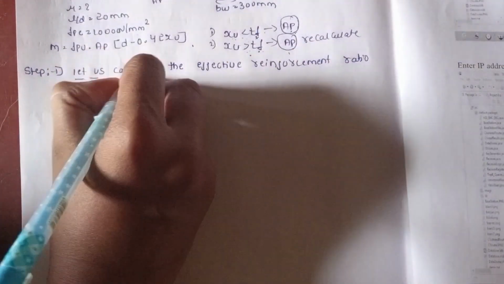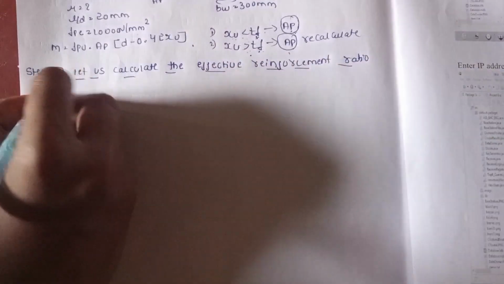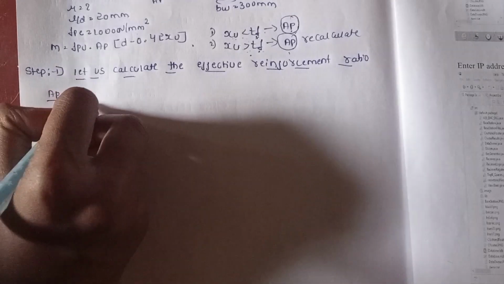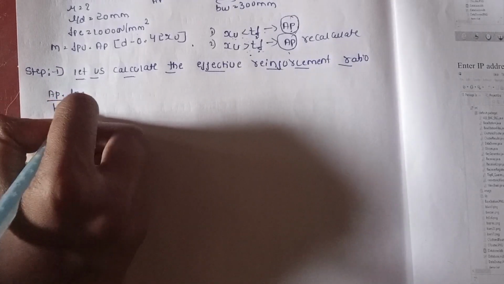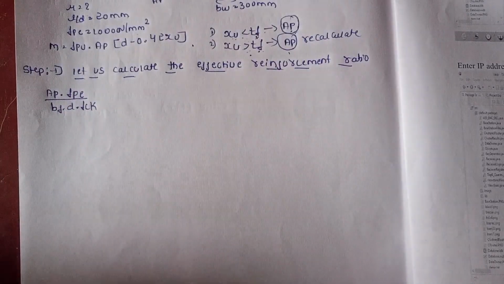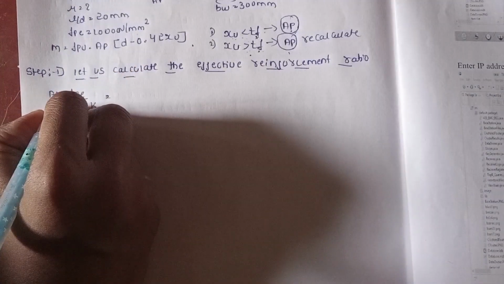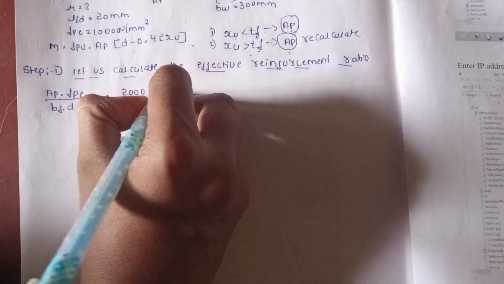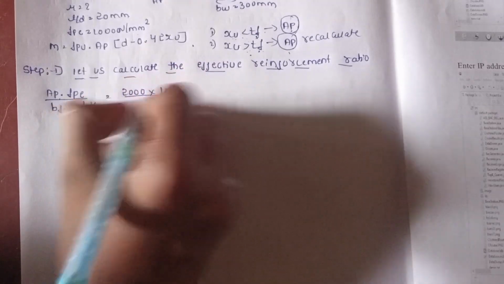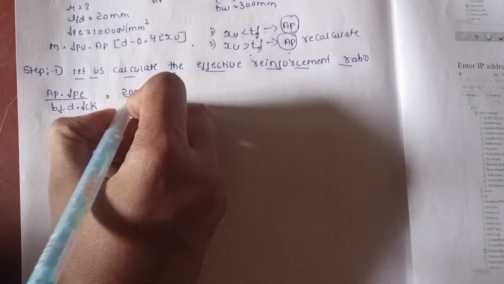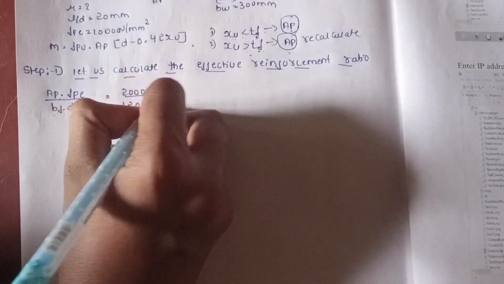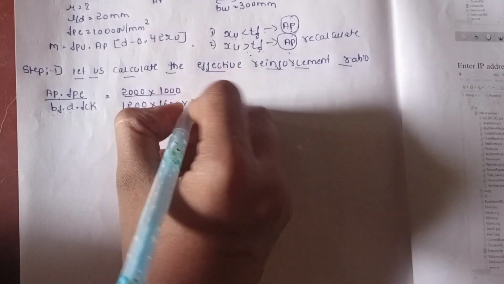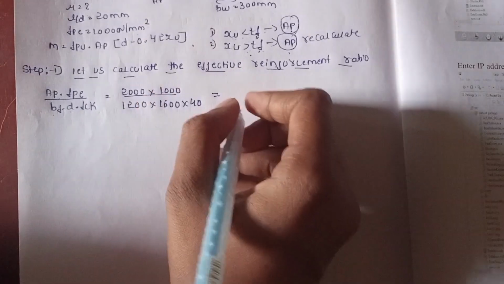The formula is AP into FPE divided by BF into d into FCK. Now AP value is given in the question, 2000, into FPE value is also given, 1000, divided by BF, width of the flange, is also given, 1200, into d is 1600 into FCK value is 40 Newton per mm square.